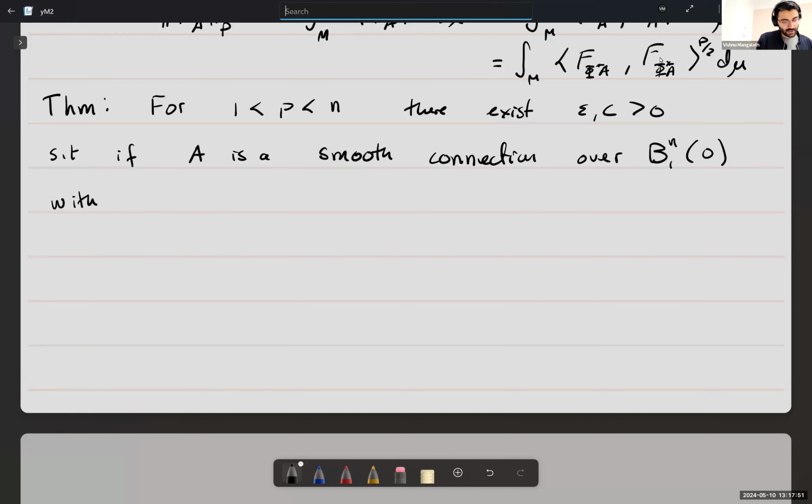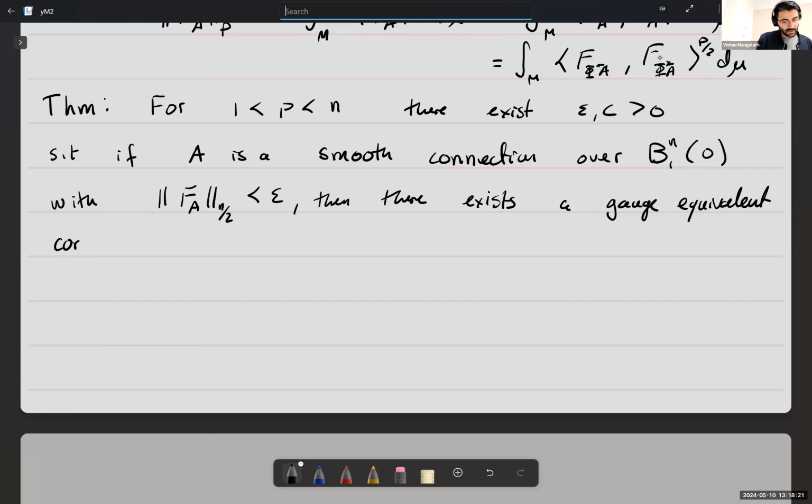with this N on 2 norm of F bounded by epsilon, then you can find a gauge transformation, a gauge equivalent A hat with some nice properties.